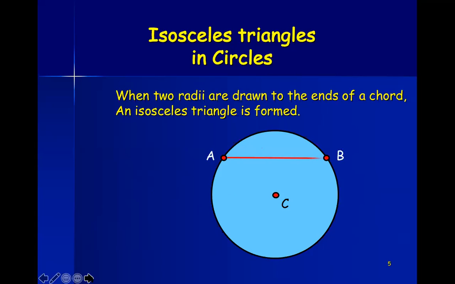So there's your chord AB. If you join the two radii here, radius AC and radius CB, you are making yourself an isosceles triangle because that distance, that's what the circle is, is the same as that distance.